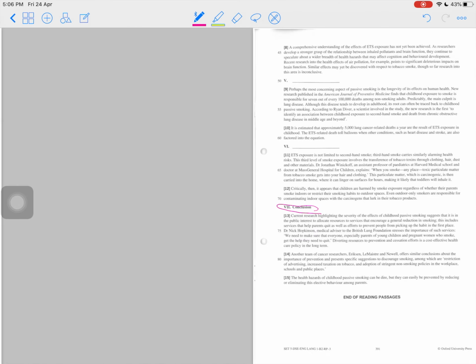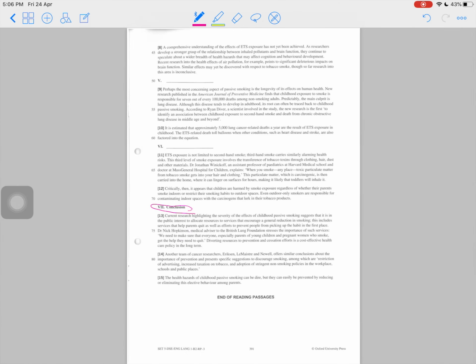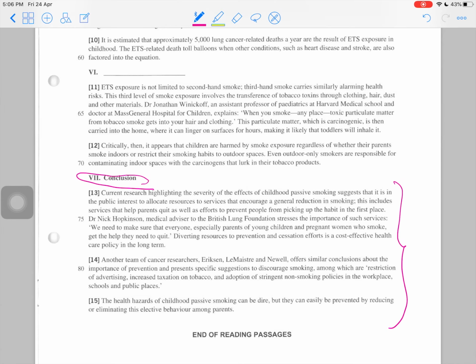So let's go to the last bit of this. If you quickly skim this, especially this paragraph here, you would see the health hazards of passive smoking are serious, but the key thing is that it also can easily be prevented if smoking can be reduced or eliminated among parents.